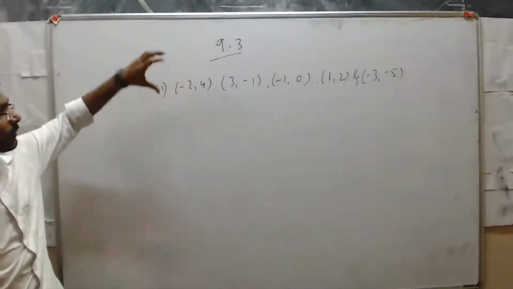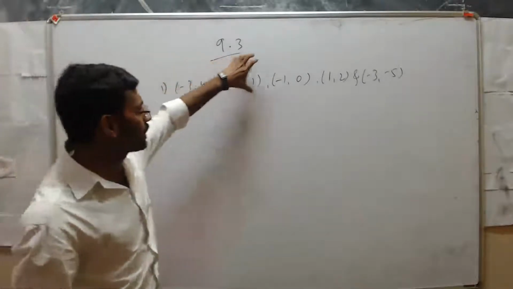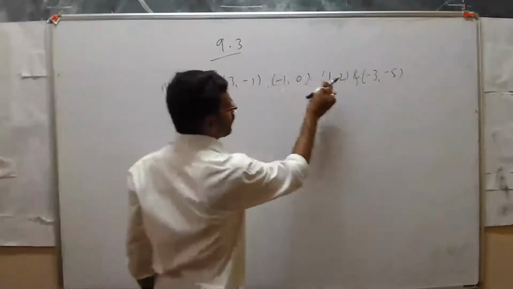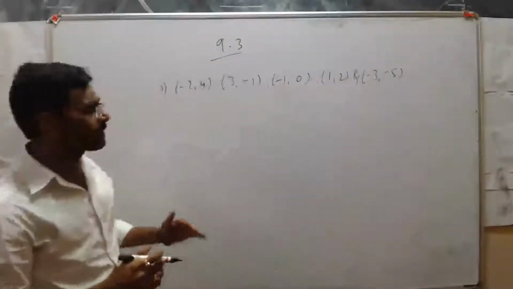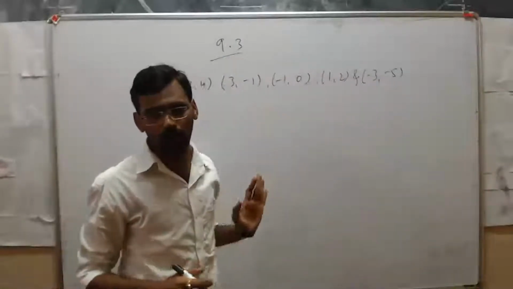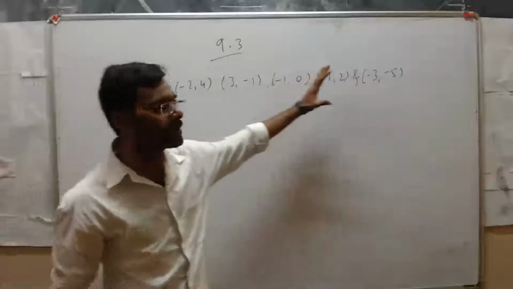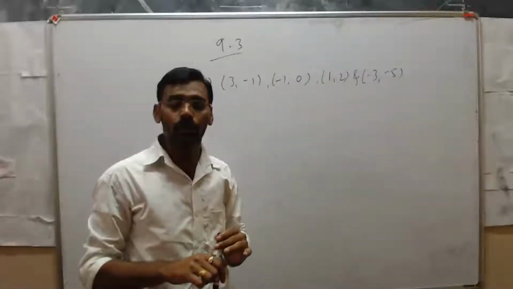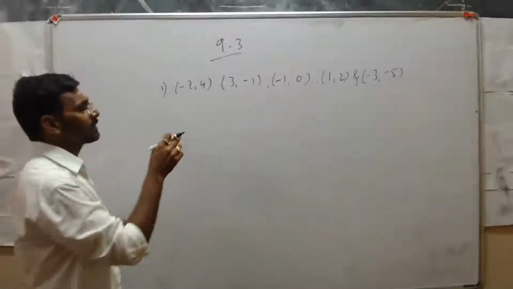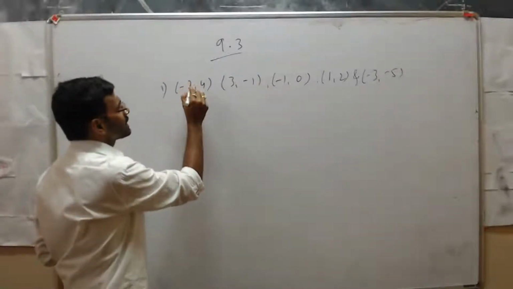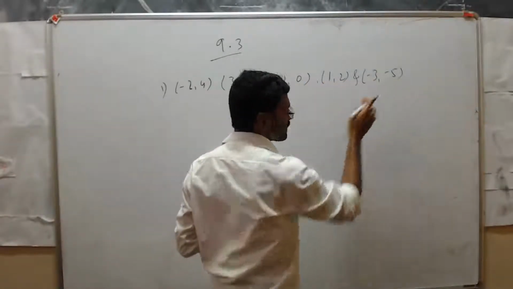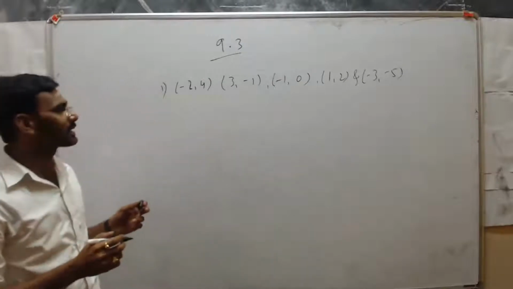First point, second point, third point, fourth point, fifth point. 5 points are there. First we have to find in which quadrant each of these points appears. Then we have to locate these points on the Cartesian plane. To locate a point on the Cartesian plane, we should always consider the first value as x-axis and the second as y-axis.